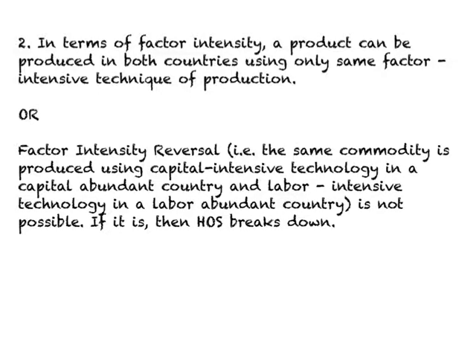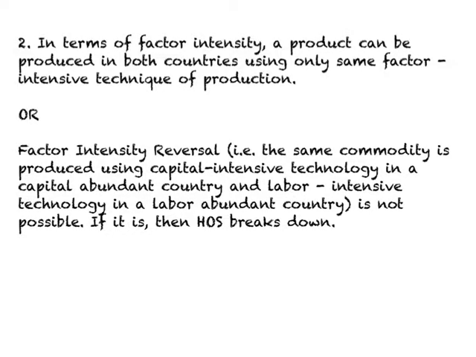But then, like I explained in my previous lecture video, what economists have concluded is that if factor intensity reversal happens, it's a rare phenomenon and it's not widespread. So though this is a theoretical possibility, and it may happen in certain cases, for the most part factor intensity reversal is not empirically valid in a large number of cases, and hence it does not damage the basic predictions of the HOS model.